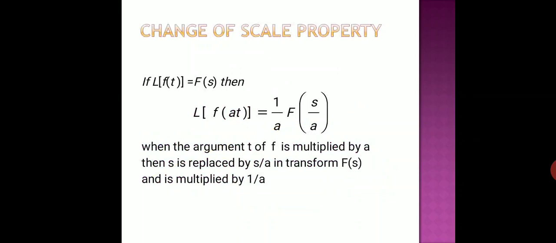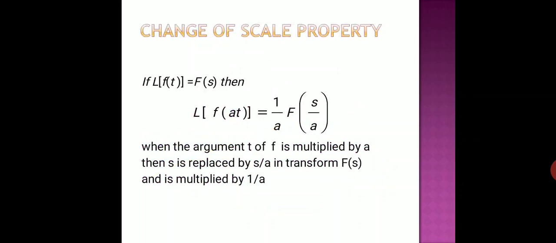The second property is the change of scale property. If L of f of t is equal to F of s, then L of f of a t is equal to 1 by a into capital F of s by a. Earlier, the Laplace transformation L of f of t simply gave F of s. Here in this change of scale property, the function is also changed, multiplied by a constant a, f of a t.